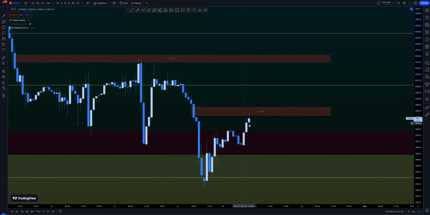We've got this fair value gap here. So this is actually impulsive, because when you look at this, this is struggling. Now we've had an impulsive move higher. We haven't yet reached the consequent encroachment for this 1 hour SIBI.